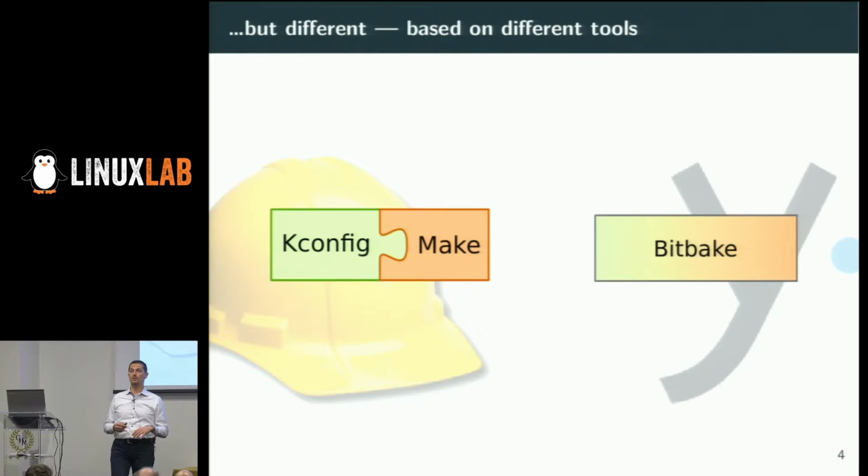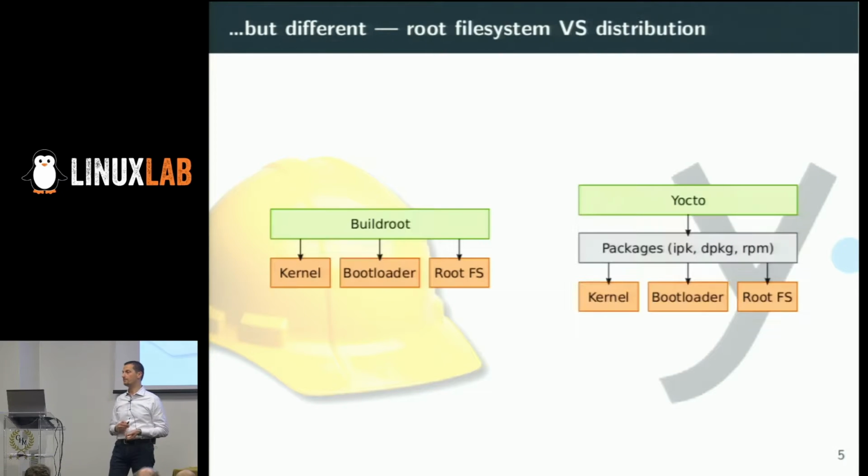The approach with Yocto is very different, because it has only one tool that is pretty much specific for that goal. It's not really used for other things. And it doesn't have a configuration engine. It has BitBake, which is somewhat similar to make, and does all the build scheduling and coordination.